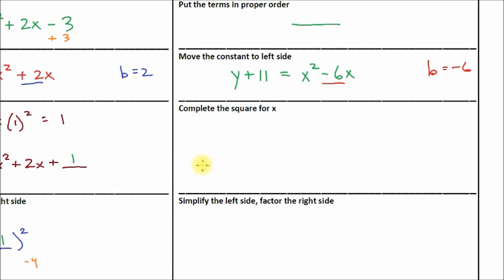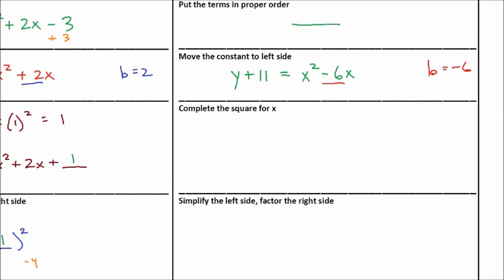And so this equation is going to be y plus 11 plus 9 is equal to x squared minus 6x plus 9. So you're going to be adding 9 to both sides. That's because b over 2 squared is equal to positive 9.